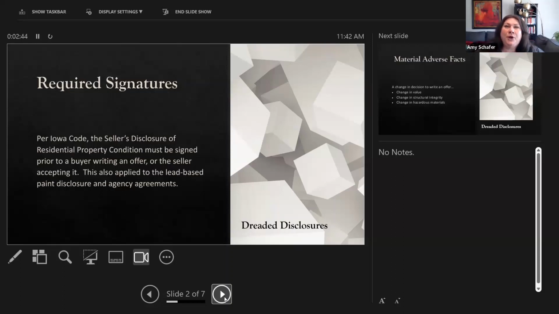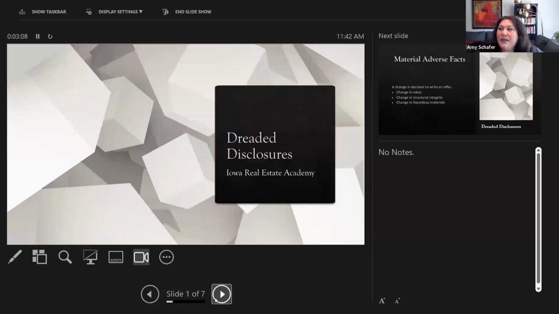Most folks don't know that there's this extra part to the law that's written in the Iowa Code, and we don't want to rely on sellers not knowing that detail or buyers not knowing that detail. Let's just go ahead and follow this first part and get it signed prior to the buyer writing an offer or the seller accepting it. That makes for a lot less complication.